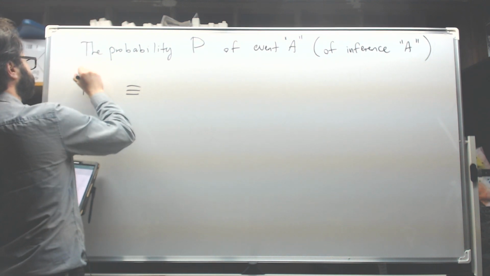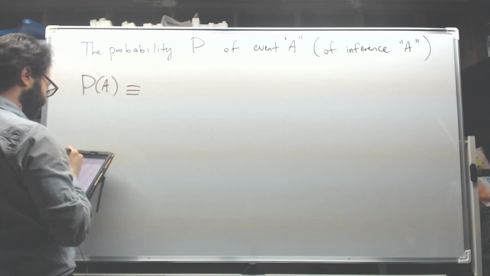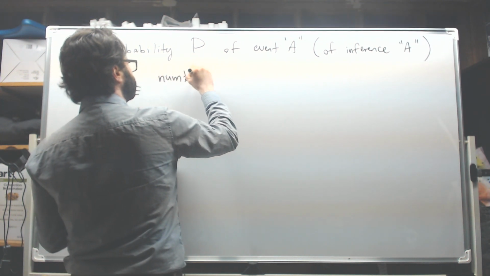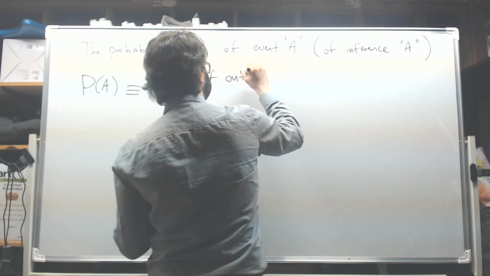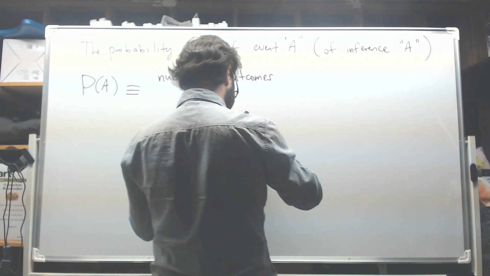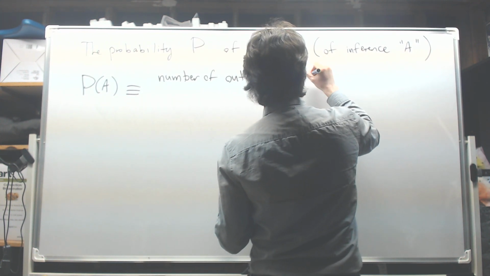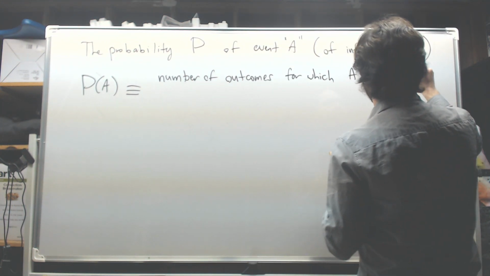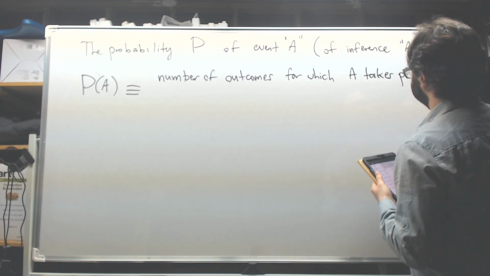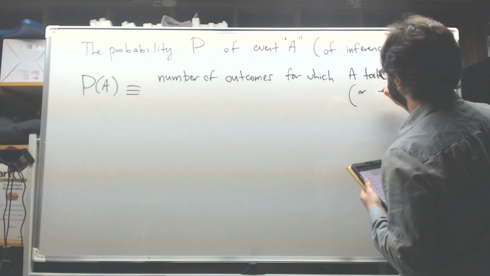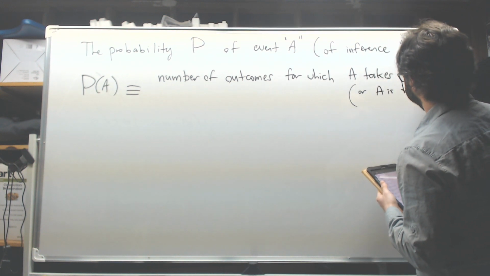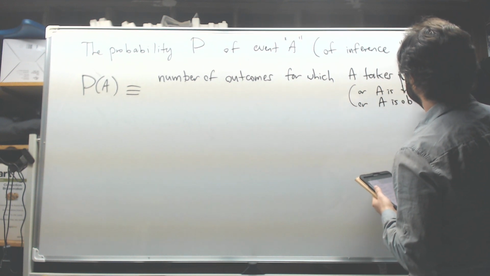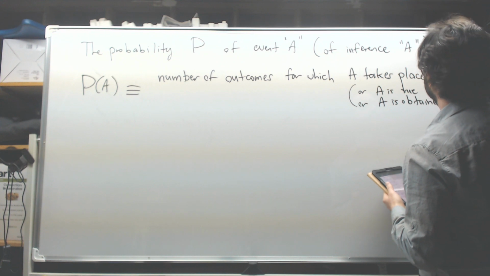So the probability of event A is going to be defined as the number of outcomes for which A takes place, or we might say A is true, or A is obtained, observed, however you want to put this.